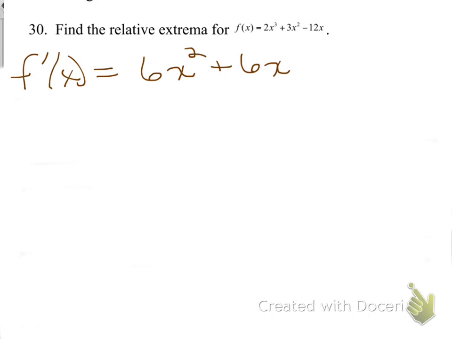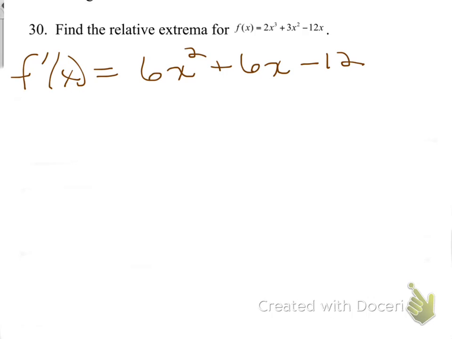All right, in this question, number 30, they ask us to find the relative extrema for this function. So again, a sign chart is in order, and I start out by taking the first derivative, and I get 3 times 2 is 6, x squared plus 6x minus 12.